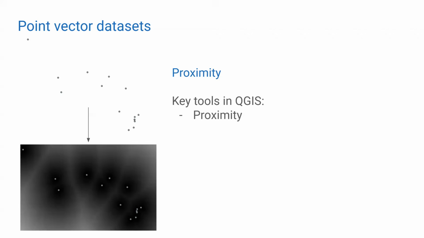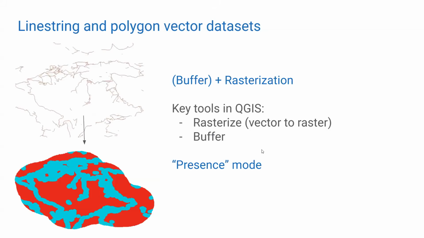Like a lot of case studies focus on proximity as the main predictor. And we will try to work with proximities today as well. For linear and polygon layers, the preparation process is similar.